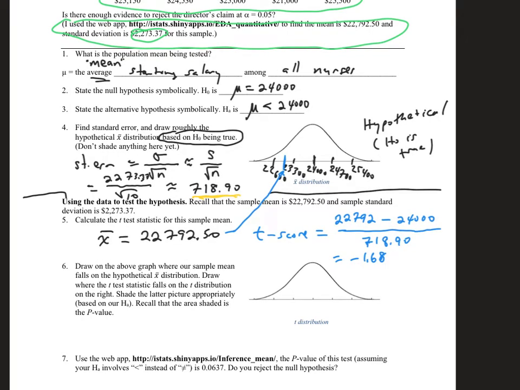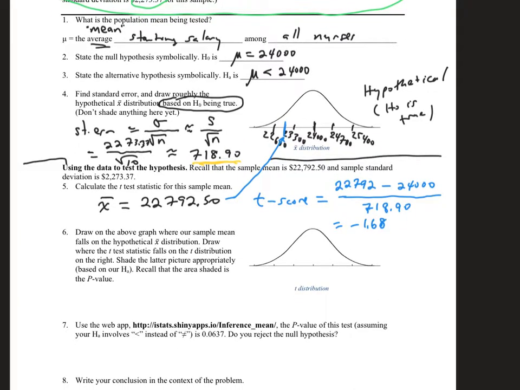All right, and then finally we get to the point where we really are going to rely entirely on technology. Well, I guess I'll draw the picture first. On my t-distribution picture, I would just draw my negative 1.68 as my t-score on here, thinking of the center as 0 and every tick mark as 1. So negative 1.68 would be right there.